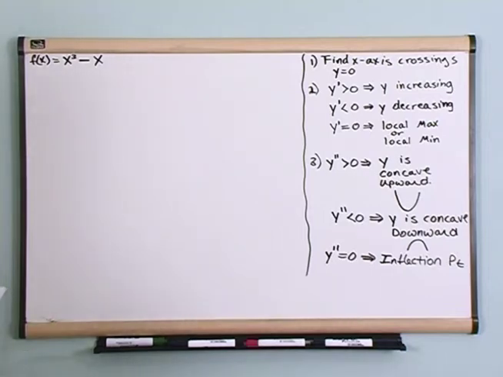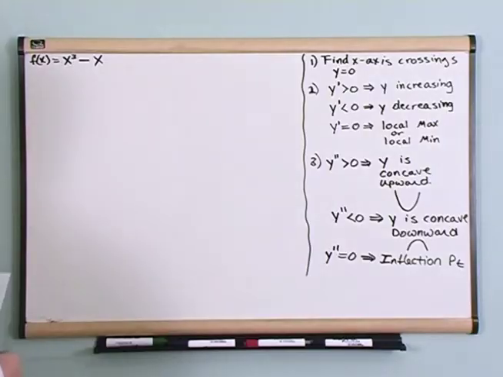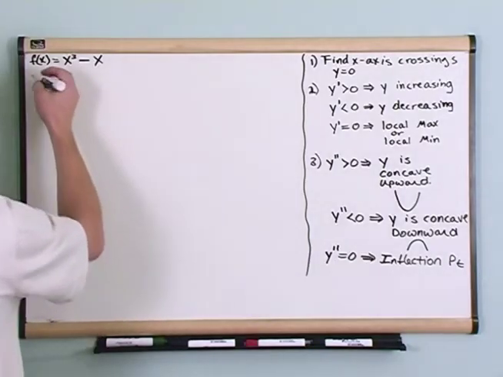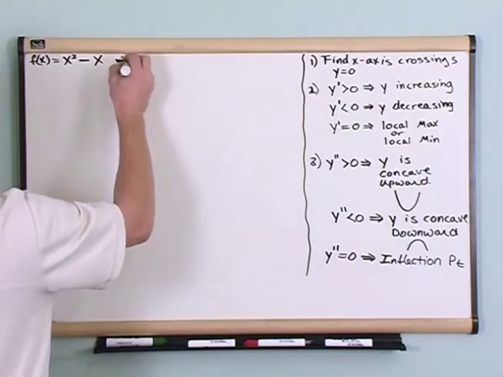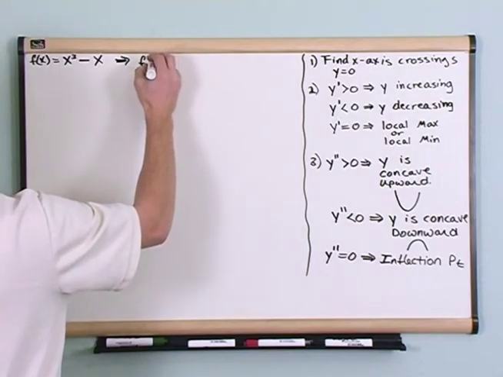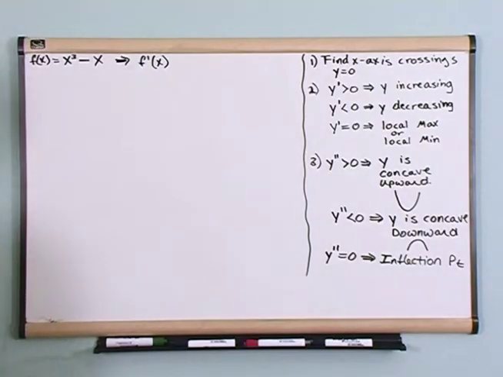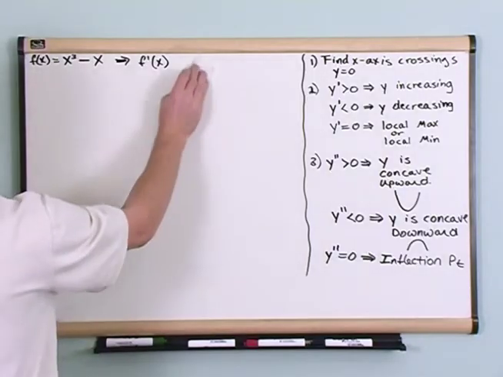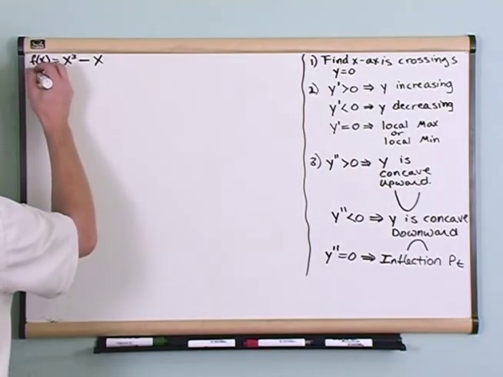The first thing I like to do is find where the local maxima and local minima occur. That's going to be really important. The way we do that is we take the derivative. Over here, I'm going to take the first derivative, right underneath for space.